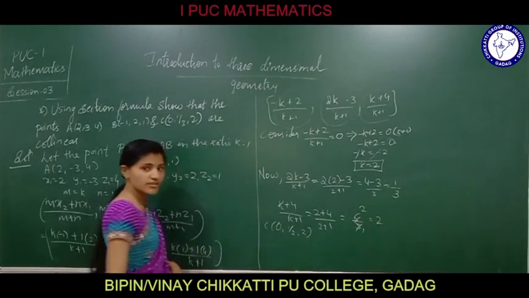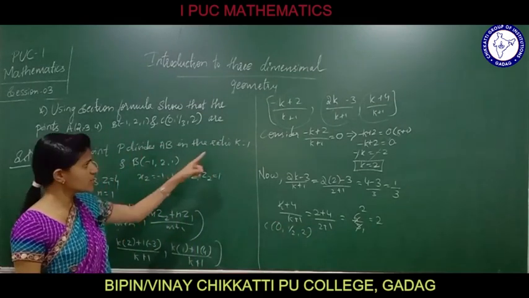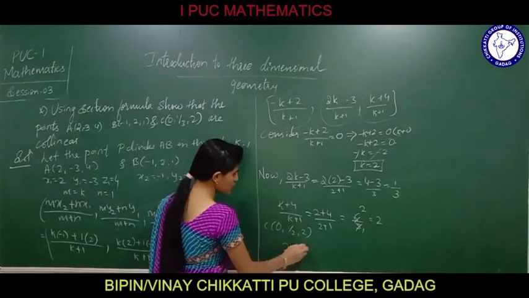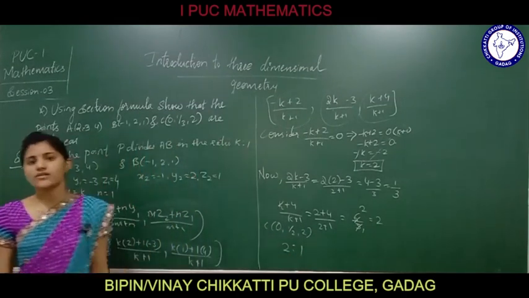It is a point which divides AB in the ratio 2 is to 1. We had taken k is equal to 2, right?